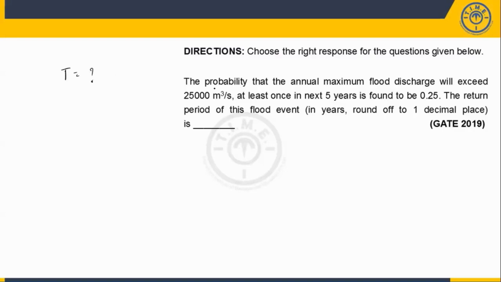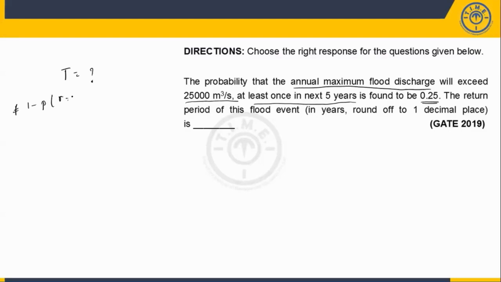The probability that annual maximum flood discharge will exceed 25,000 meter cube at least once in next 5 years is 0.25. Can I say at least once means 1 minus probability of non-occurrence?